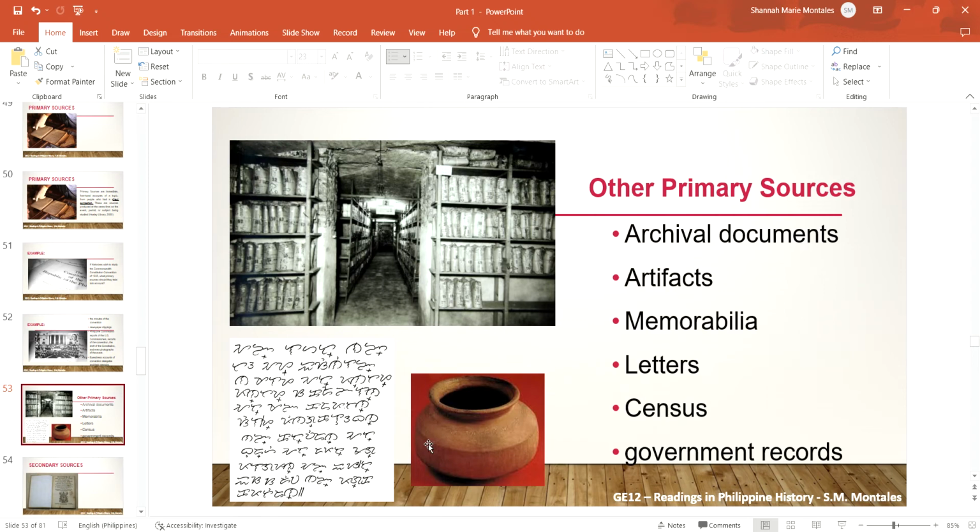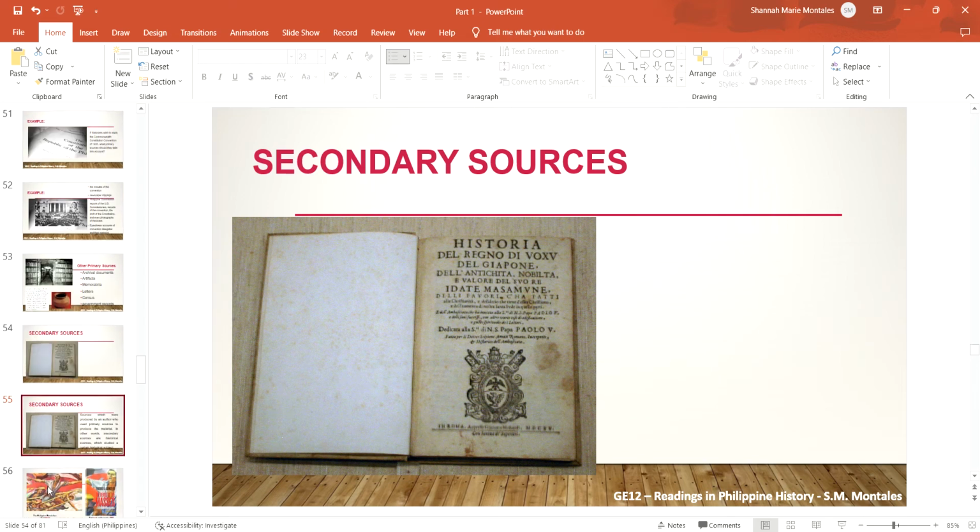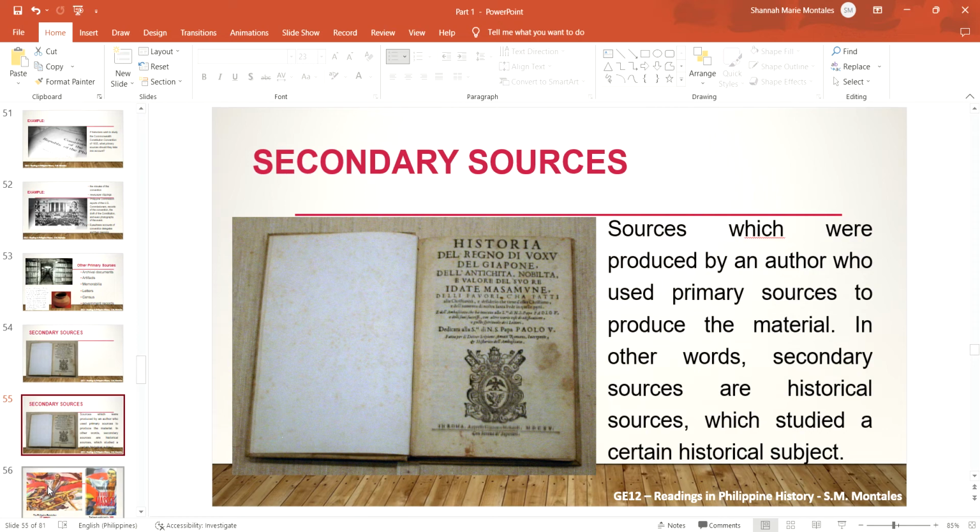Let's now go to the other kind. Of course, if there is primary, we have secondary sources as well. Harvard Library, on the other hand, explains that secondary sources were created by someone who did not experience firsthand or who did not participate in the events or conditions.